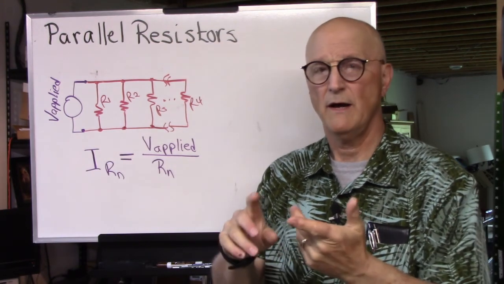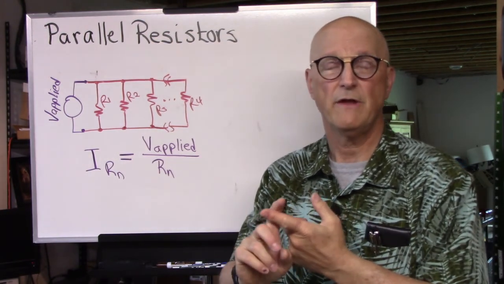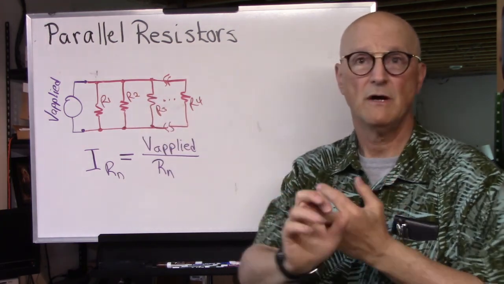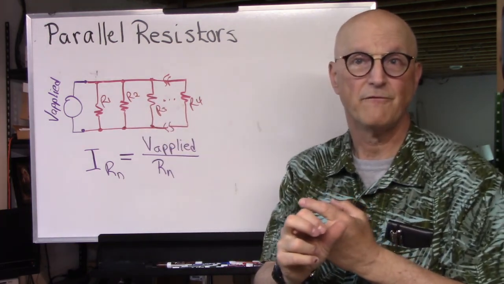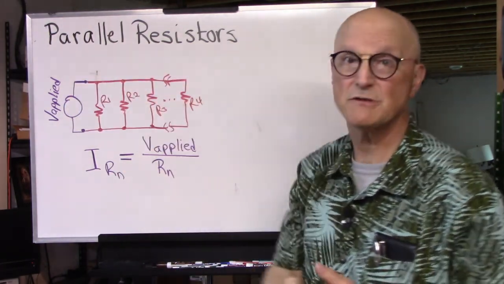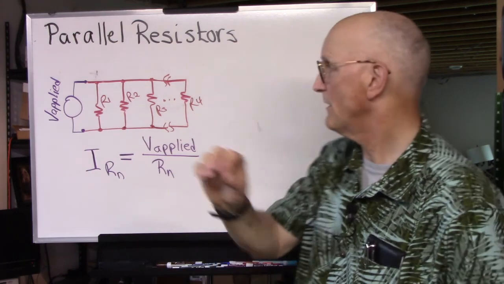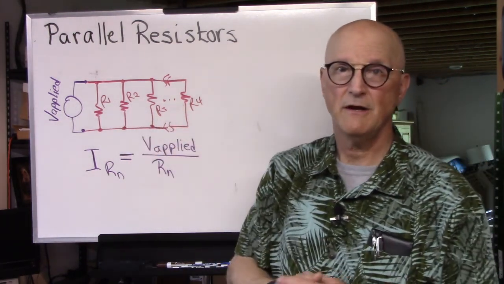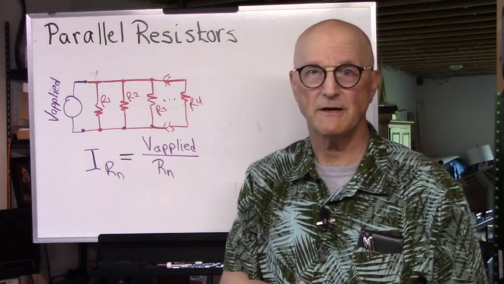So now you know how to calculate the equivalent resistance. You know the voltage across these resistors is just the voltage applied. And you also know how to calculate the current through any given resistor in this parallel circuit.